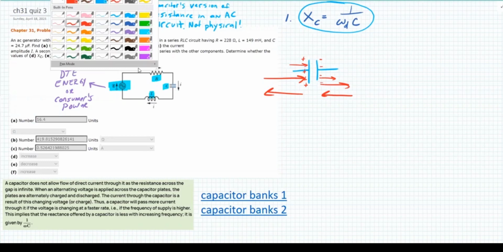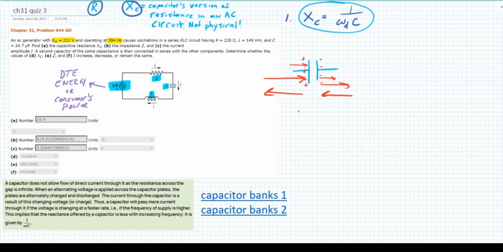This paragraph says, thus a capacitor will pass more current through it if the voltage is changing at a faster rate. So if you want to cause a whole bunch of charges to build up on this positive plate rapidly, then you'll increase this frequency.